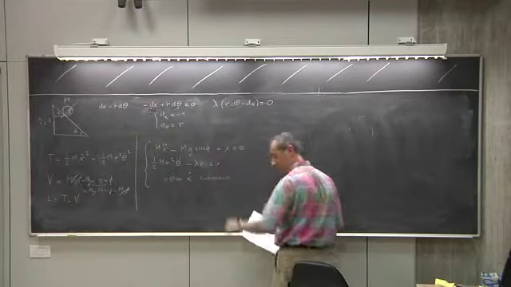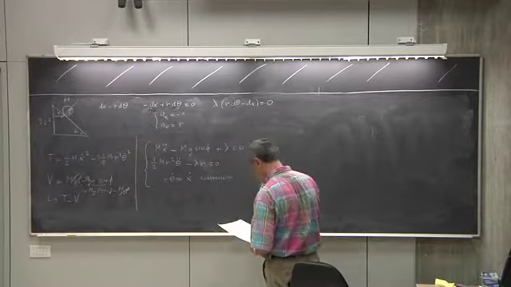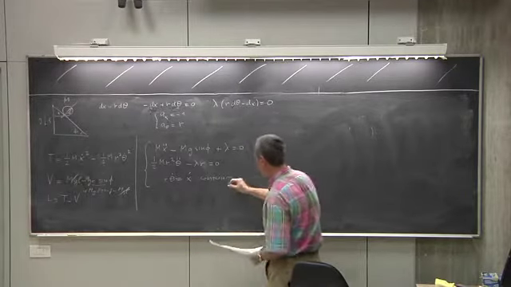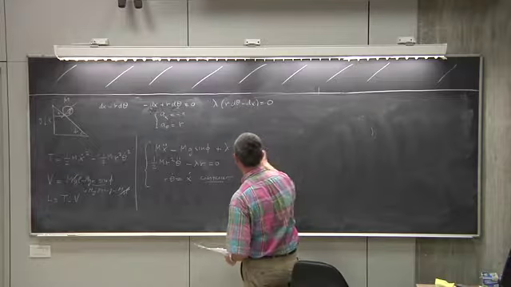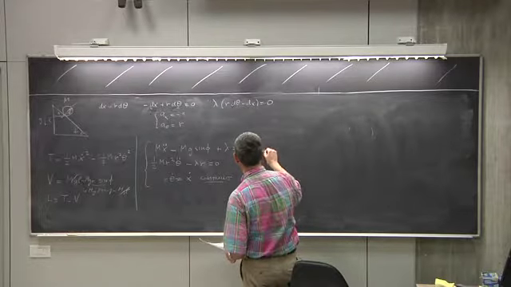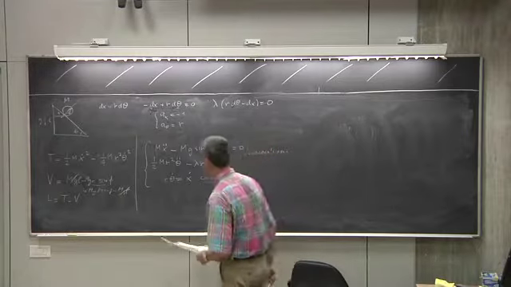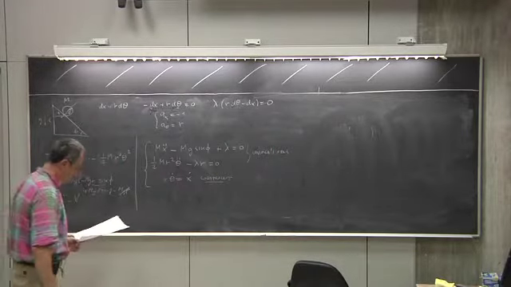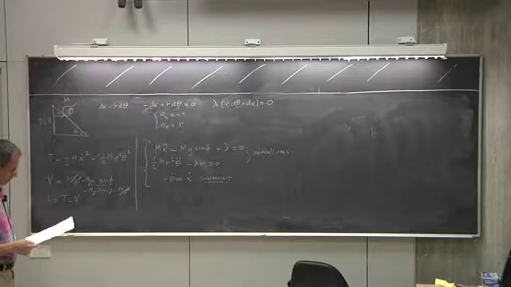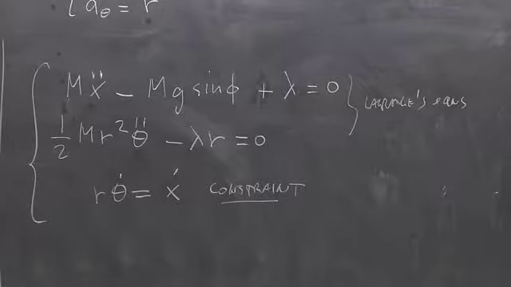Let's try to solve these equations, okay? So this is the constraint, and these two are Lagrange equations. How do you solve these equations?